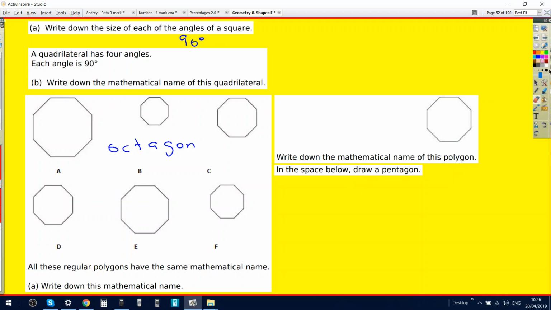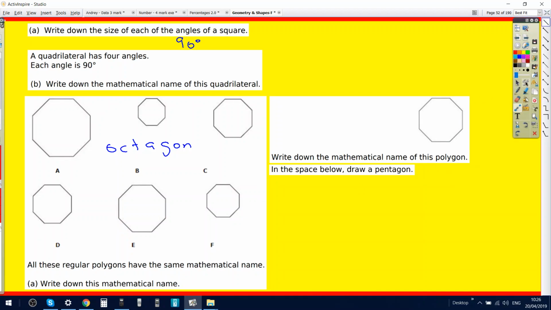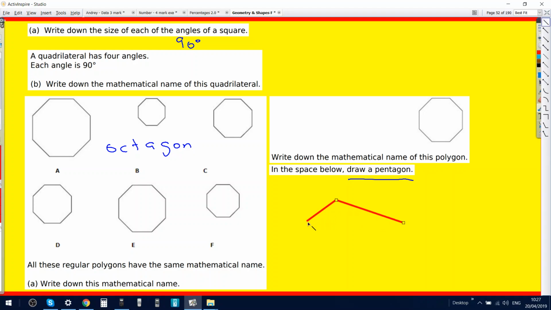So you could have 1 at the top, 2, 3, 4, 5. Like any 5-sided shape. Okay. That's it.